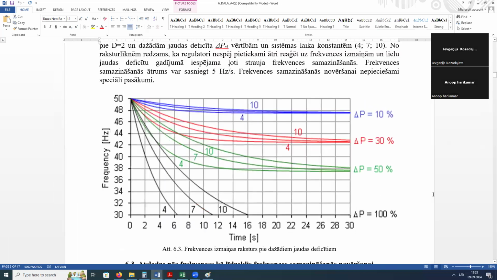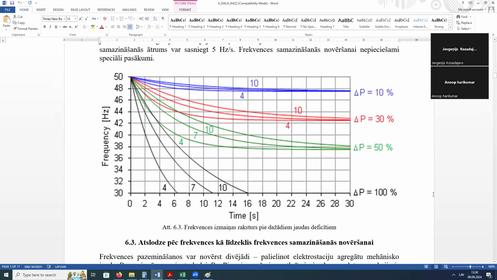Now we have discussed the frequency drop, the power balancing, and the reaction to all of this. The next question is, what could we do if we don't have enough power to restore the balance?